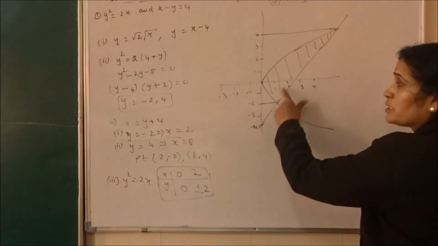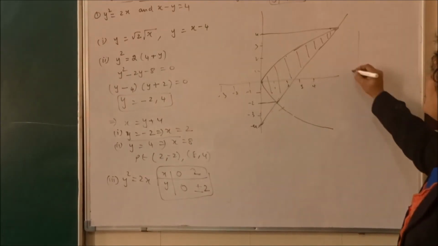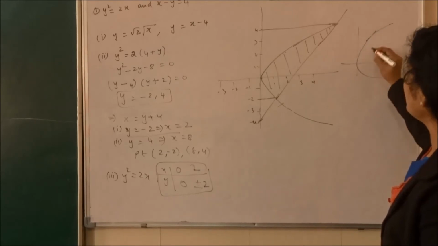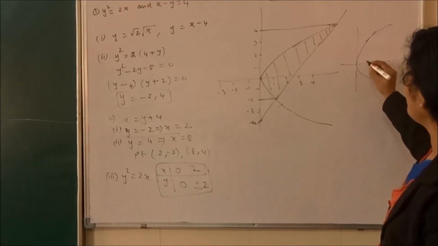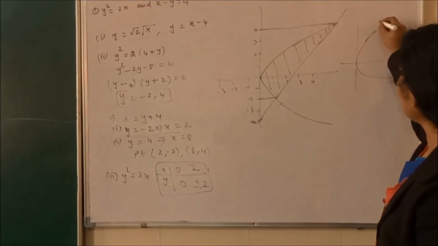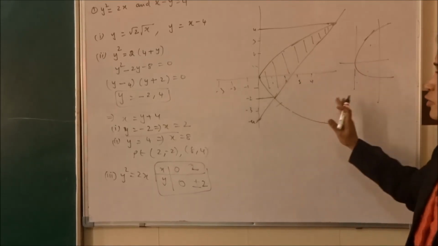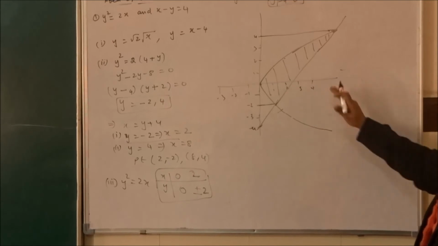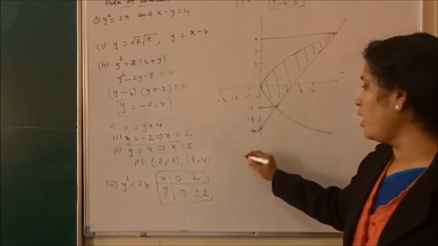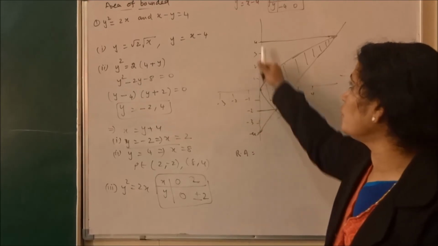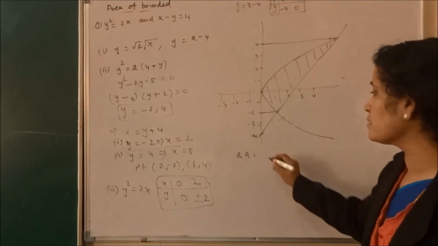Now see, the same diagram you are getting in the 4th quadrant. If it is not symmetric, suppose the diagram is like this, and you are not getting a symmetric part, then we cannot do twice something. This is unsymmetric, so you cannot do twice of something. Clear? So what do we have to do? For the required area you have to go with the y-axis, not the x-axis.